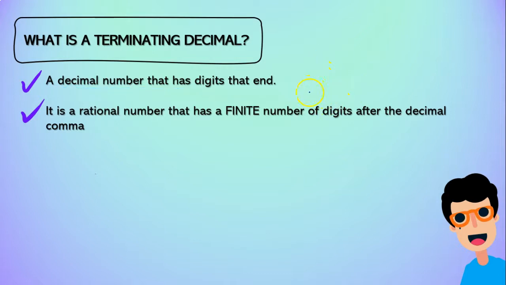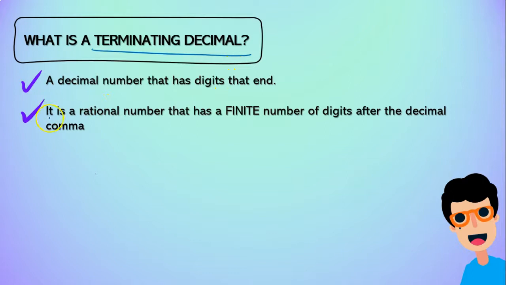But another number that doesn't finish, for example, is a number like 0.3333, and we add a line whenever that 3 continues. So that means that 3 is not finite, but is infinite, and that is not a terminating decimal. But that is not today's lesson. Today's lesson is when we have a finite amount of numbers, and that is a terminating or finite decimal.